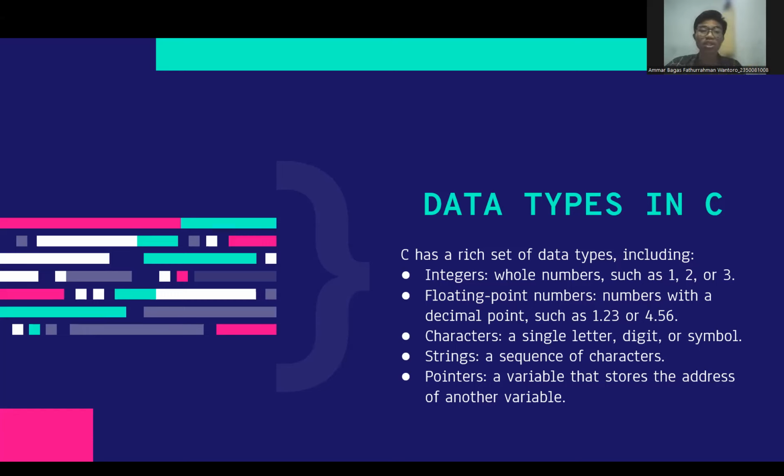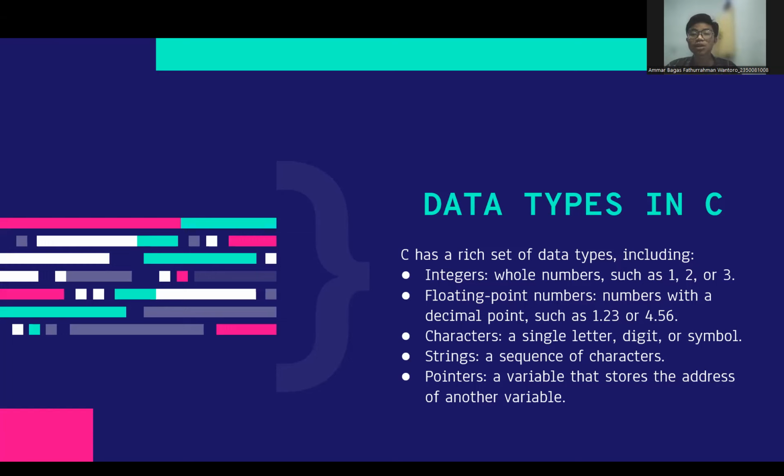Floating point numbers can be of different sizes, such as float, double, and long double. So double and long double is like 4.569999, something like that.